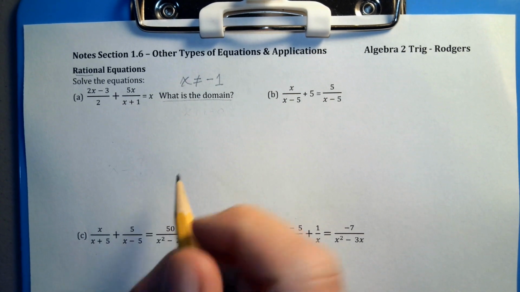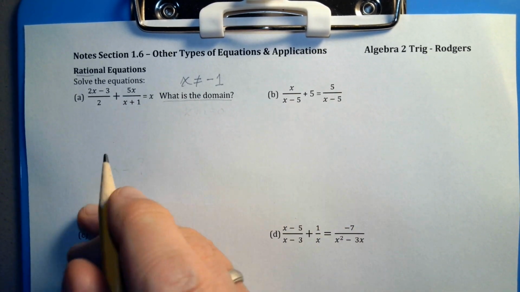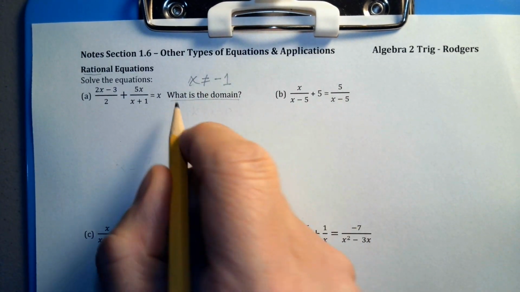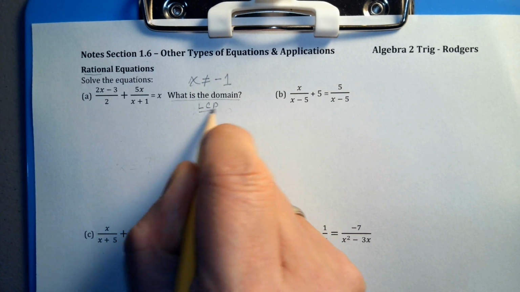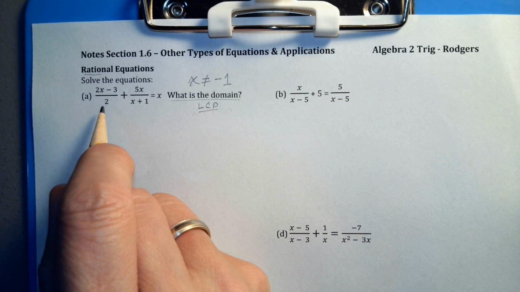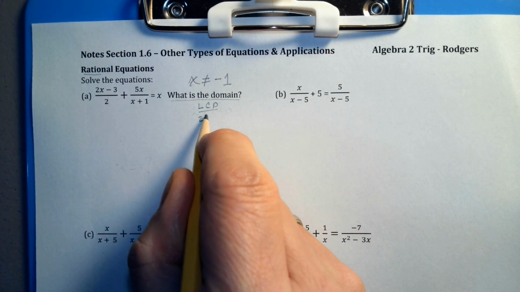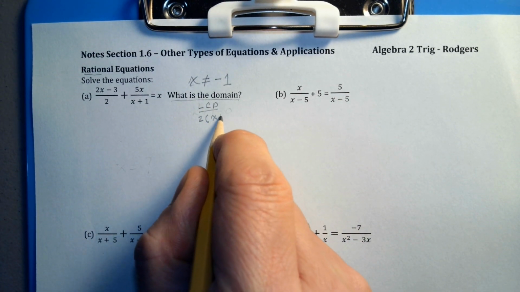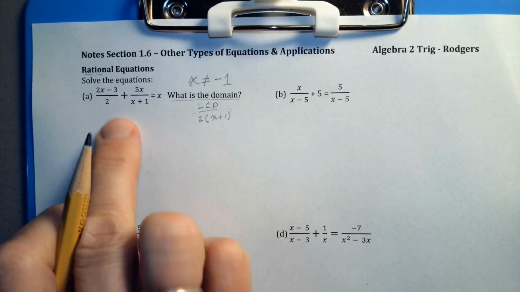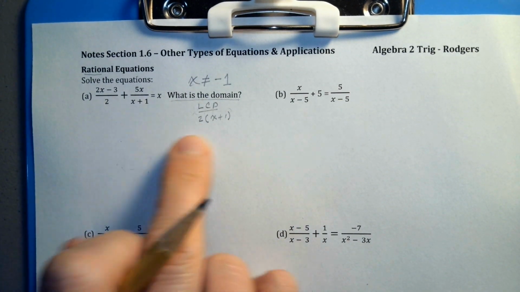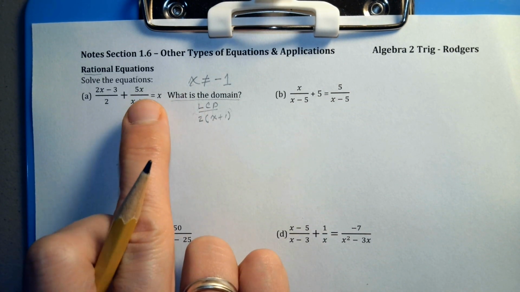Okay, so now the process that we go through is a little different. We still look for the least common denominator. So the least common denominator here is, well, there's a 2 in it, and there's also an x plus 1 in it. Okay, now what we do with it is different now. We don't turn the denominators into the LCD.